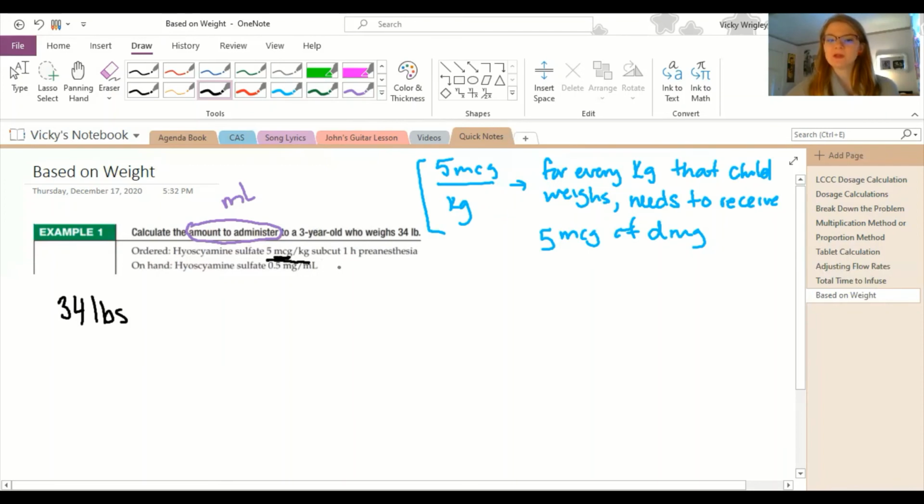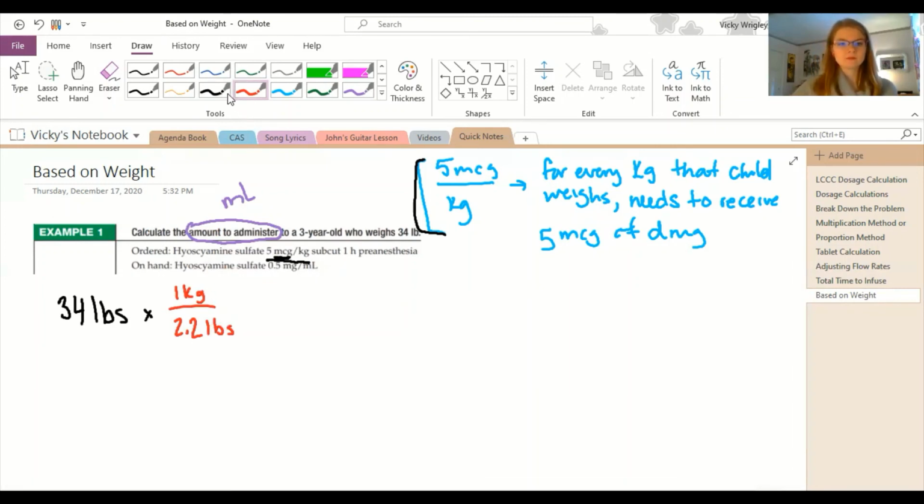Well, I can't just multiply by this conversion factor here that I'd like to, because we have kilograms and we're starting with pounds, and we need it to be in kilograms. So we need to multiply by a conversion factor to get us from pounds to kilograms. This might be a conversion you're familiar with. 2.2 pounds in every kilogram. So we'll multiply by that conversion factor.